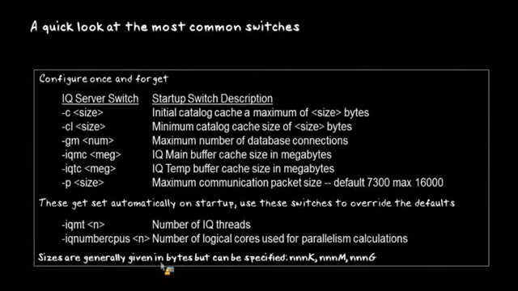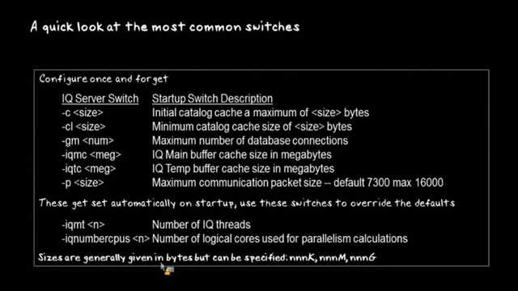The IQ number of CPUs we can adjust up or down, and that controls the parallelism within the optimizer, as well as loading, and it basically tells IQ how much resources it has. It doesn't control which physical cores IQ runs on.